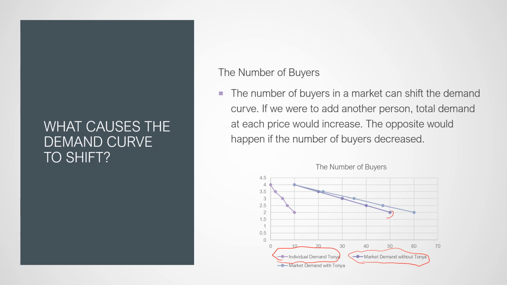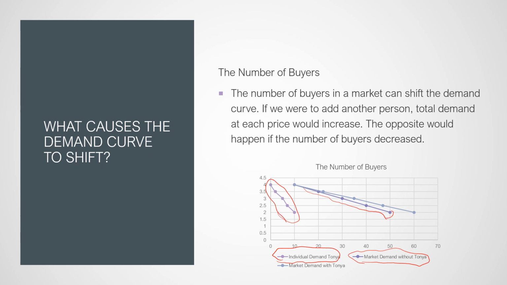What we're going to do is look at this and see that our market demand, before Tanya is added to the population, or the number of buyers increases, is on this blue line here. When we add her individual demand curve, as illustrated here, we add these numbers to the total.